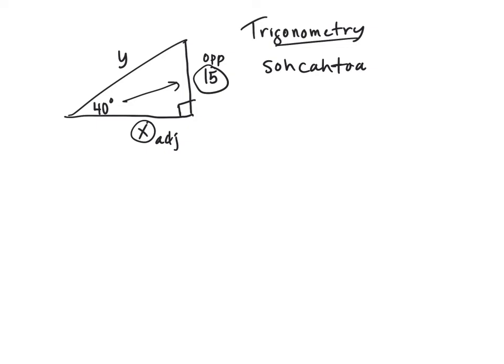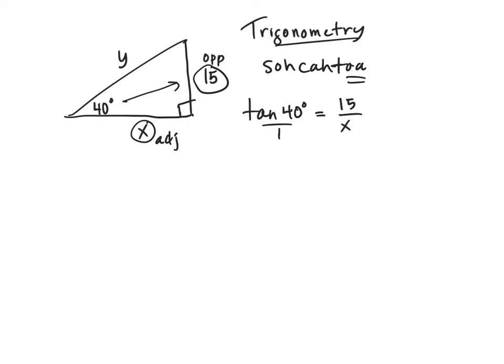And so I'm looking at opposite and adjacent. That's there at the end. That's the TOA. That's tangent. So the tangent of 40 degrees is equal to the opposite, which is 15, over the adjacent, which is x.